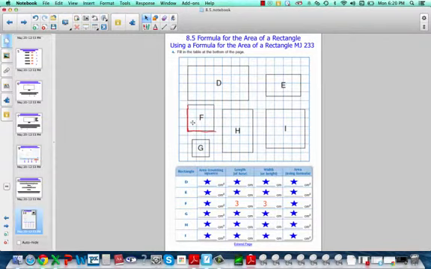If I would actually count the squares, I get 1, 2, 3, 4, 5, 6, 7, because that equals a whole, 8, because that equals a whole, 9, because that equals a whole. And I can check my answer because I should be able to do 3 times 3 equals 9. So this side and this side should always match up.